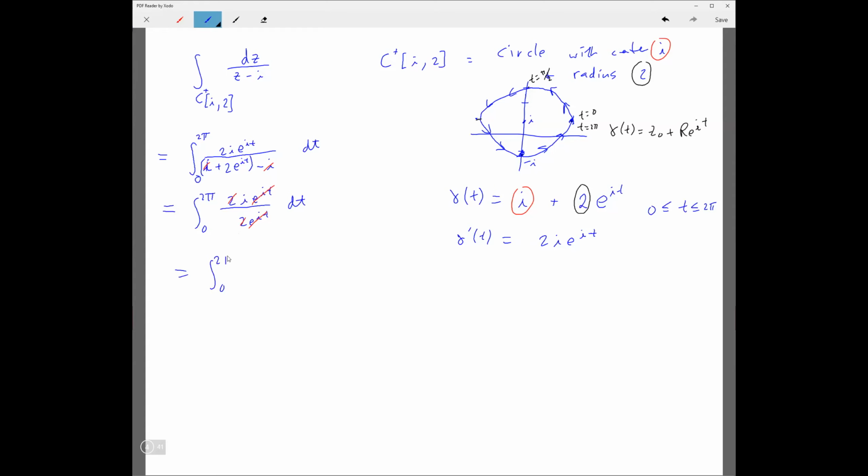So you just end up with the integral from 0 to 2 pi of i dt. And this is going to be 2 pi i. Okay, so that was another example of an integral.